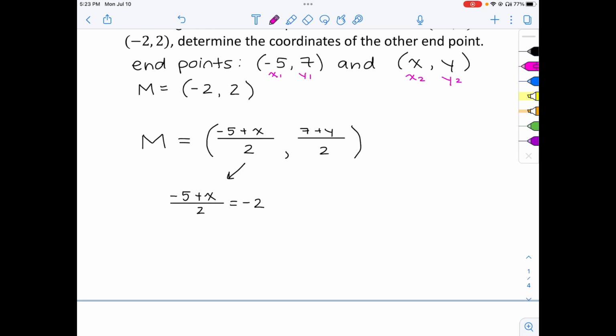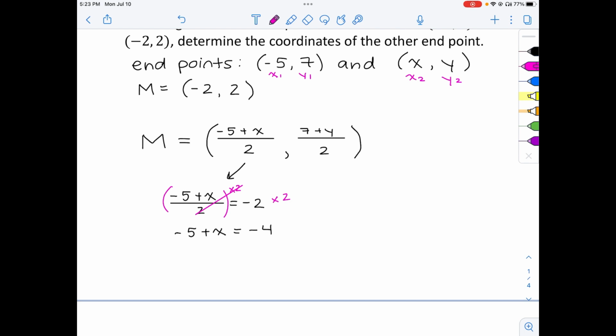So because we are dividing by 2 on the left side, the first step is always going to be multiply the whole side by 2, okay, because that will cancel out the denominator. And then we need to multiply the other side by 2 as well to keep it balanced. So we will have -5 plus x is equal to -4. Okay, and then I just need to isolate for x by bringing the number to the other side, right?